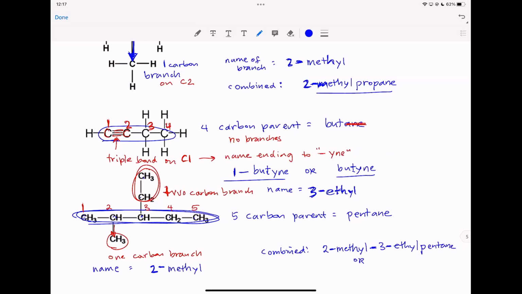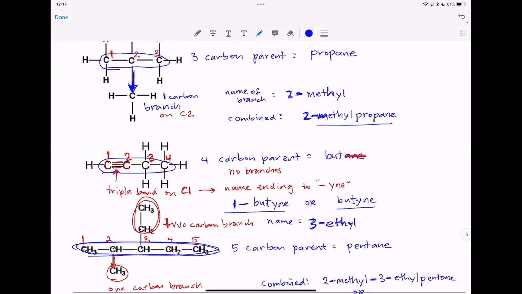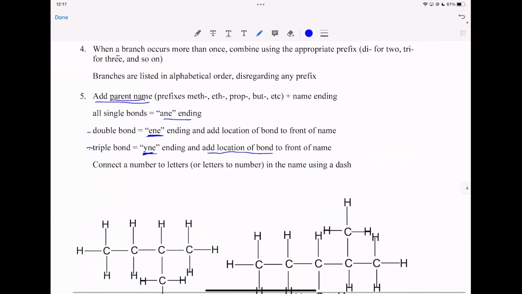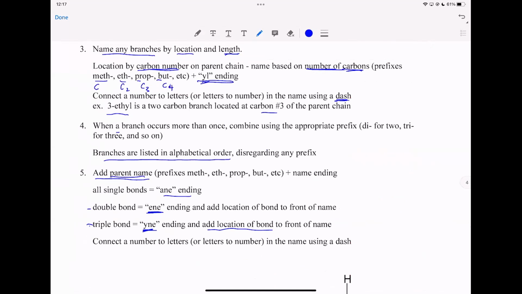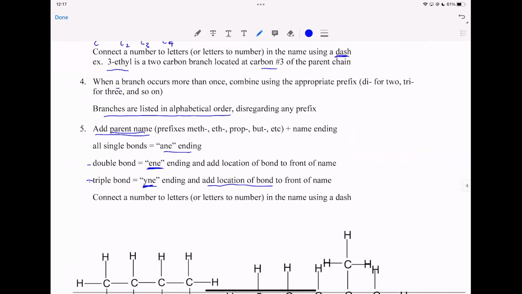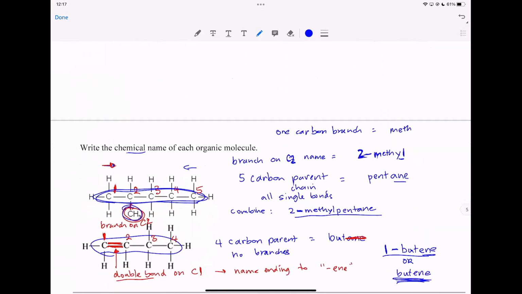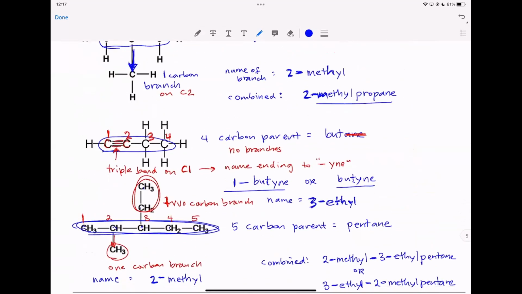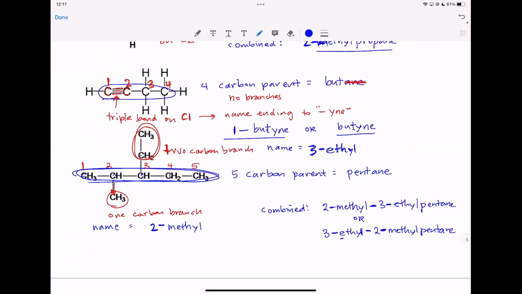Or another way to write this, in alphabetical order, is actually more correct: 3-ethyl, 2-methyl, and then pentane. And so that's what this says up here, that when you have these branches, they have to be listed in alphabetical order. So the ethyl came before the methyl, instead of the numbers.